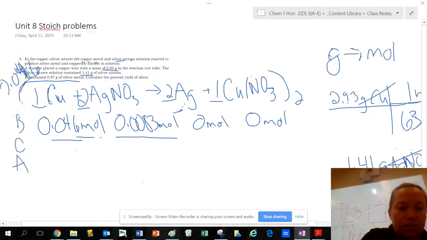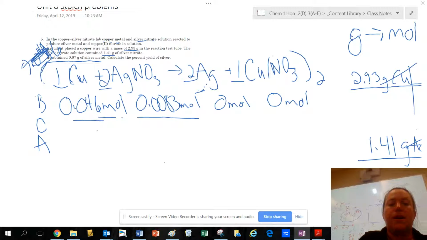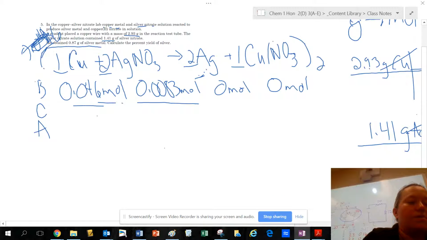So now, I'm going to use all this up and call that my limiting reactant. And so I'm going to take 0.0083 and divide that by 2. 0.0083 divided by 2, and I get 0.00415.